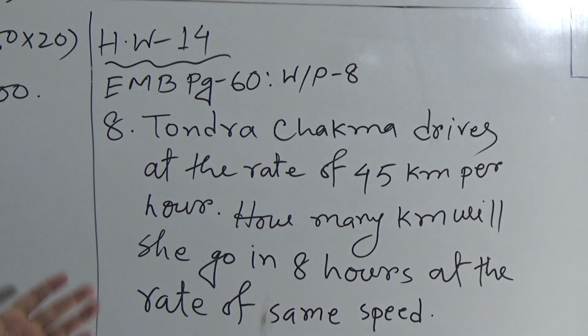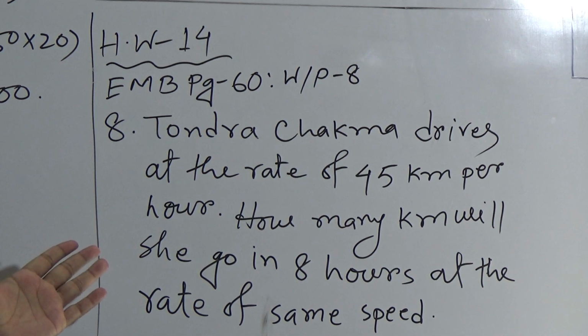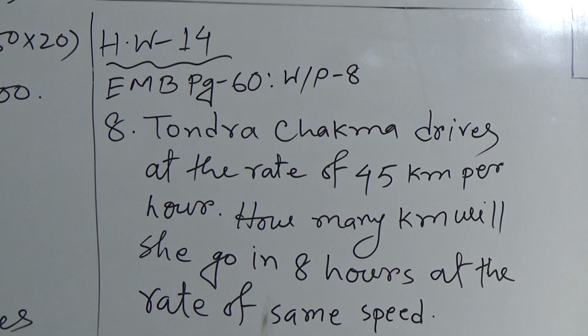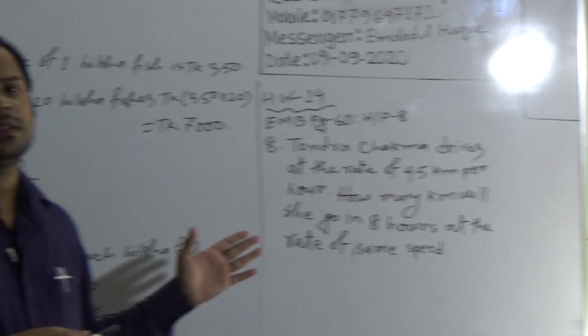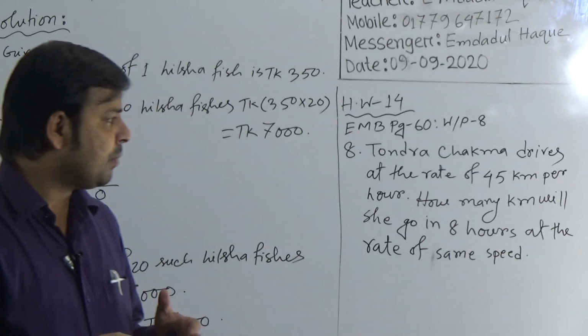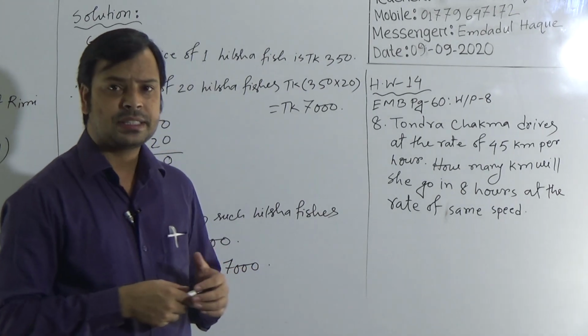It means that in 1 hour, per hour means in 1 hour, Tandra Chakma can drive 45 km. We need to find in 8 hours how much distance will she go. Okay, dear students, so if you multiply 45 by 8, you will get the required distance.